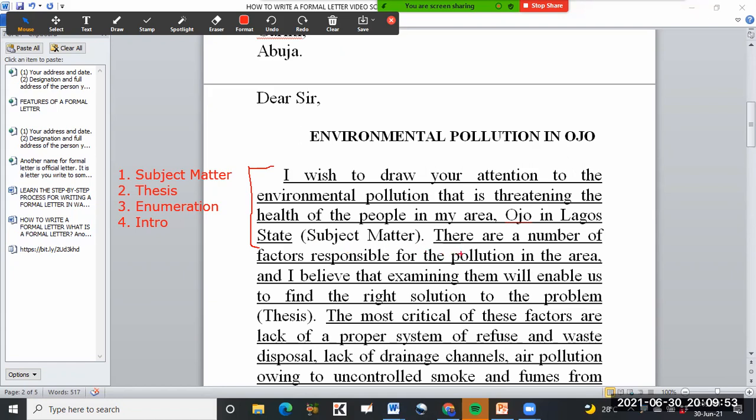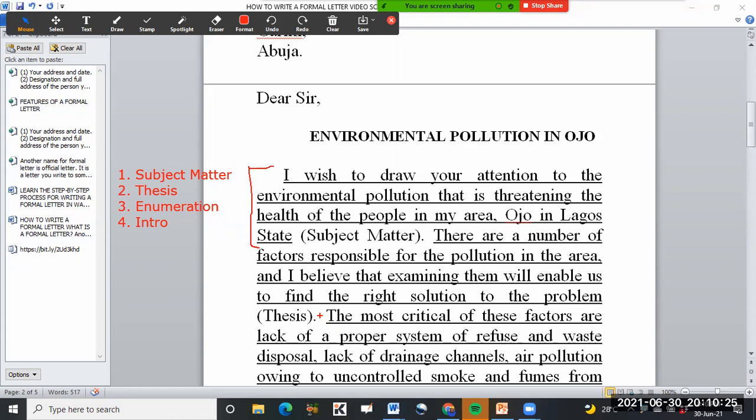Then this, of course, is the thesis. There are a number of factors responsible for the pollution in the area, and I believe that examining them will enable us to find the right solution to the problem. Now, this is your thesis. What your thesis does is that it helps you to narrow the topic to a manageable scope.